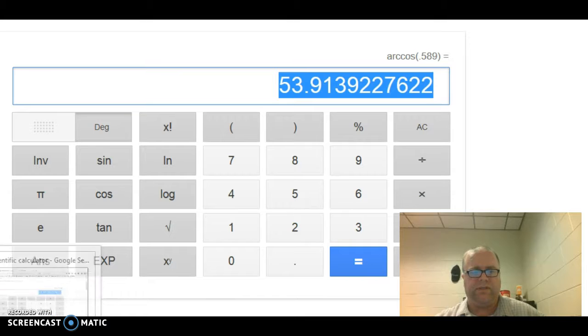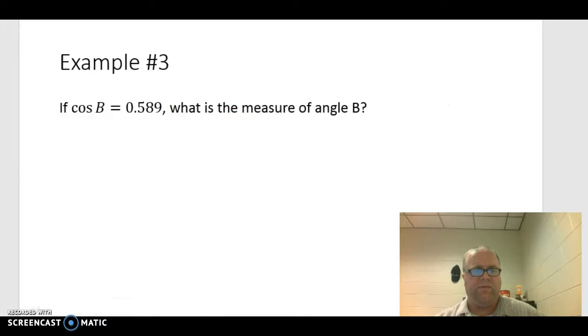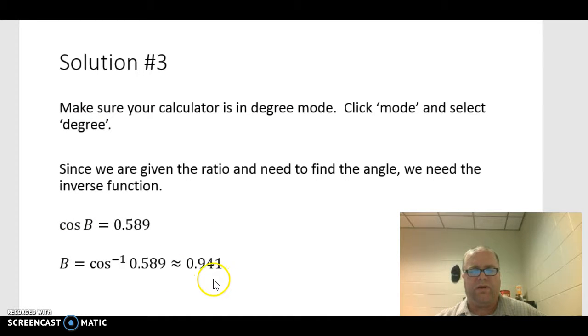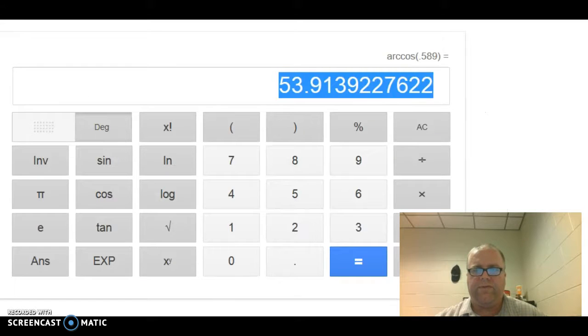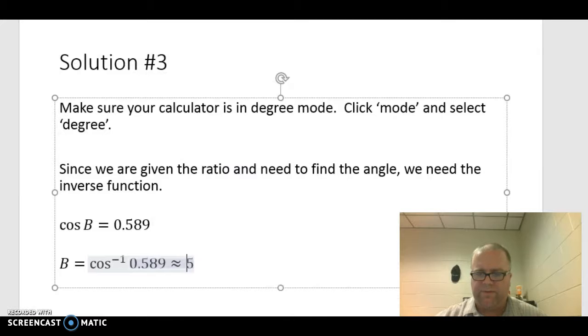And that's it. Just put that number in. Oops, I didn't change it here. That should be 53.91, and that's it.